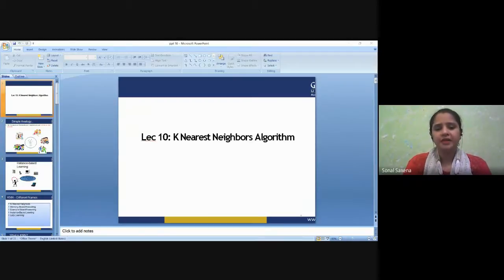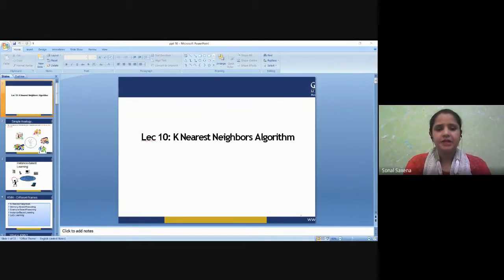For both classification and regression, a useful technique is to assign weights to the contribution of the neighbors so that the nearer neighbors contribute more to the average than the more distant ones. For example, a common weighting scheme consists of giving each neighbor a weight of 1 divided by d, where d is the distance of the neighbor.